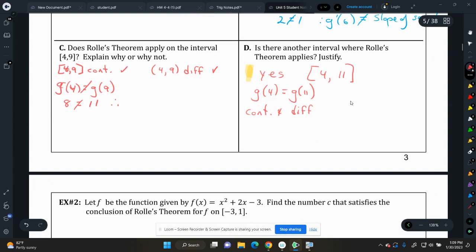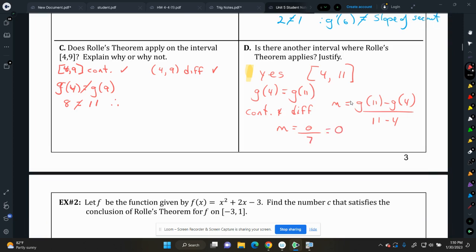So the slope is going to be g of 11 minus g of 4 over 11 minus 4. So that's going to be 0 over 7, which is 0. Okay.